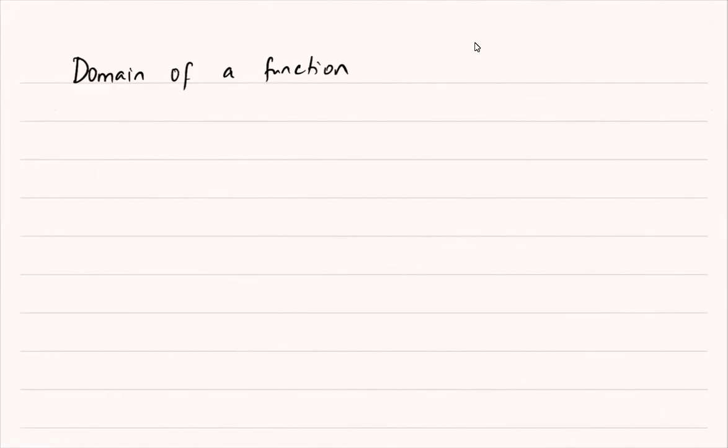So when you're trying to find the domain, you will always assume that all numbers can be input into the function. So that is your starting value. For example, if the function given to you is f of x is equal to x squared minus 5, this is a polynomial function.